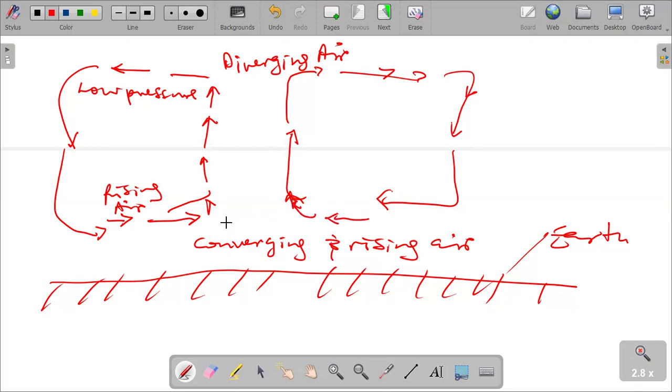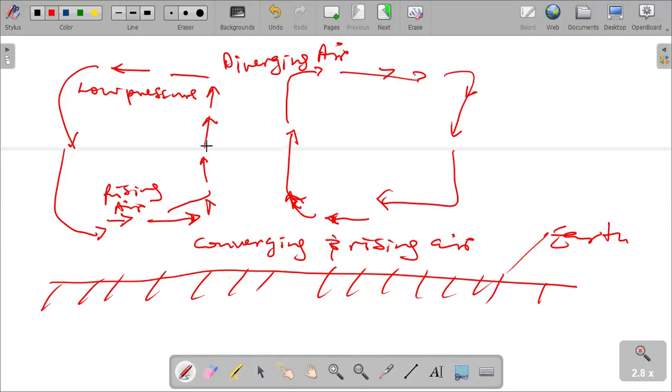The air converges, that is, it moves towards each other. Air masses are moving from opposite directions towards each other, and therefore they rise up. So the air converges and rises at the surface of the earth and diverges in the upper air, or in the upper atmosphere.